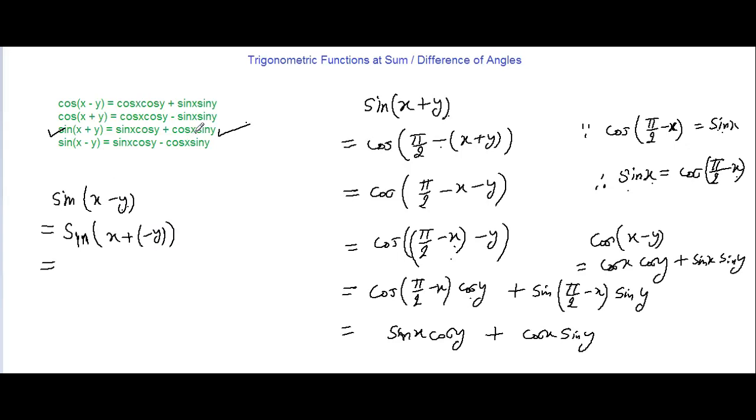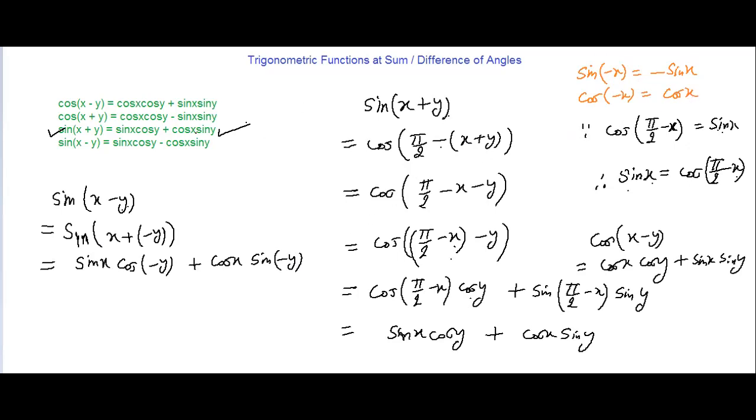But we have proven this formula, so we can apply it: sin x into cos of minus y plus cos x into sine of minus y. Remember, yesterday we did these two formulae. Sine of a negative angle is the negative of sine of that angle, but cos of a negative angle is the same as cos of the positive angle.